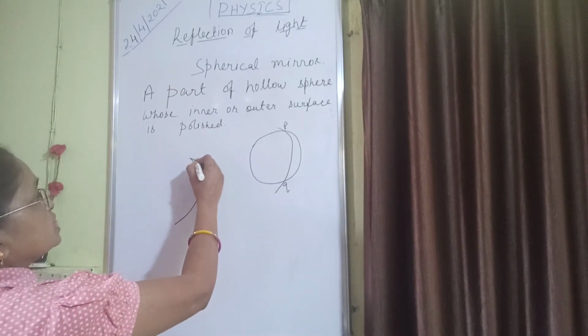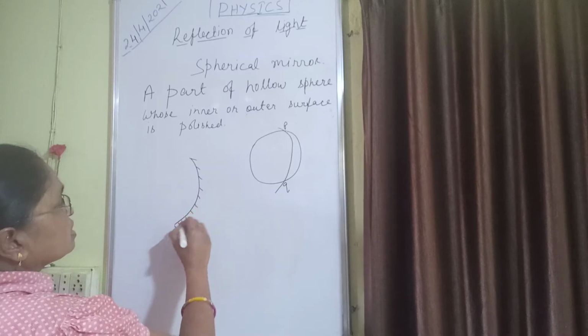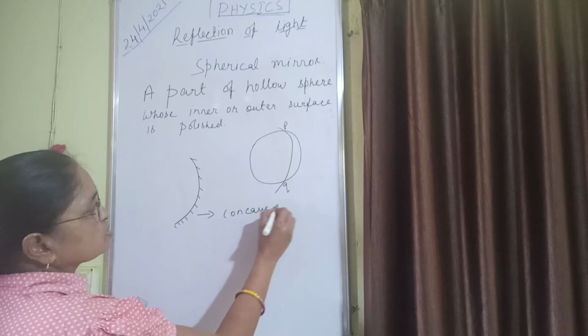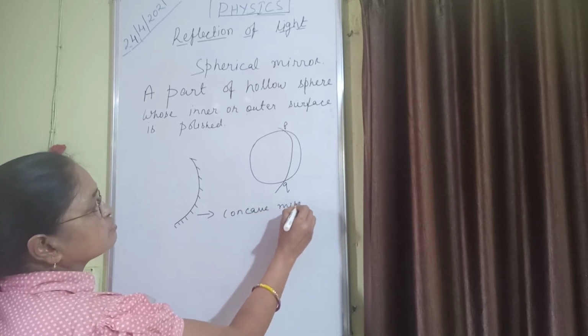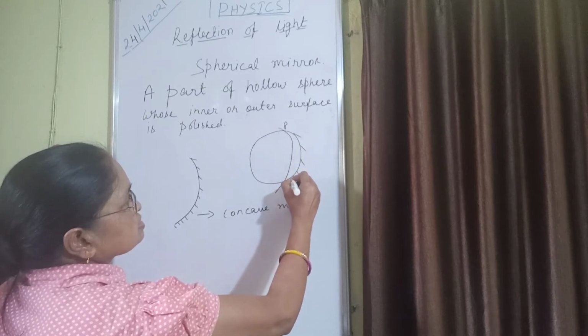If its outer surface is polished, then this mirror is known as concave mirror.